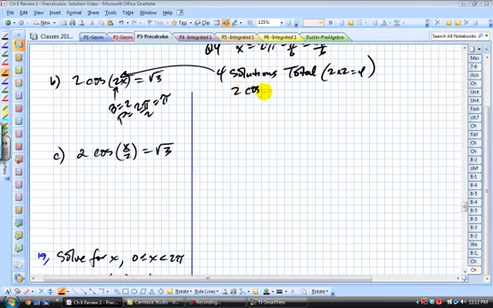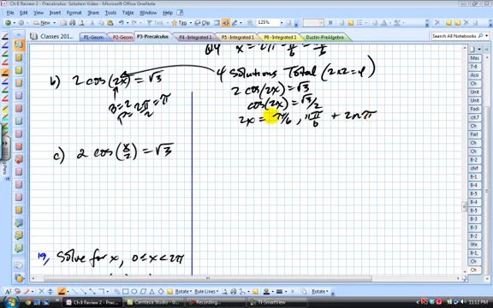So I've got 2 cosine of 2x is equal to root 3. That means cosine of 2x is equal to root 3 divided by 2. So now I have 2x is equal to pi/6 and 11 pi/6, just as I did before here, plus multiples of the period.